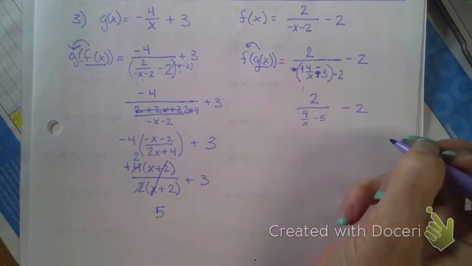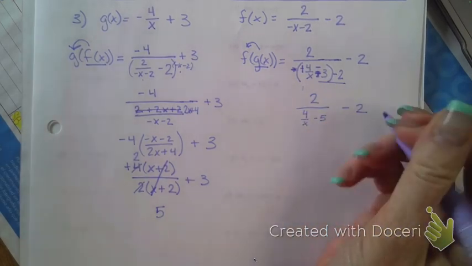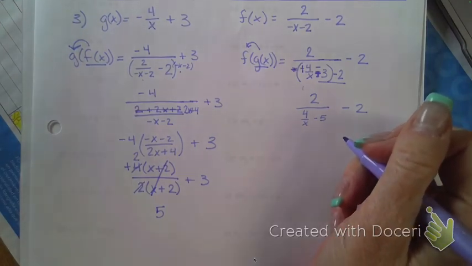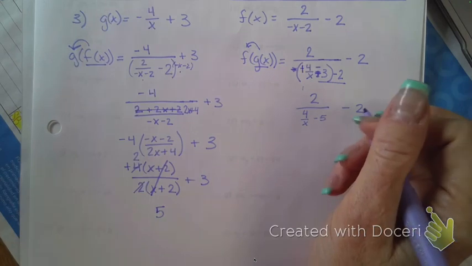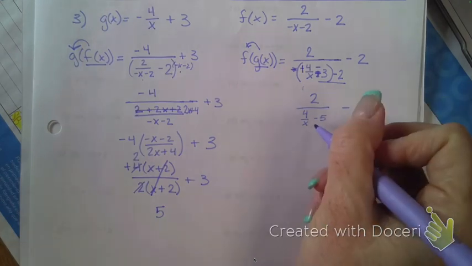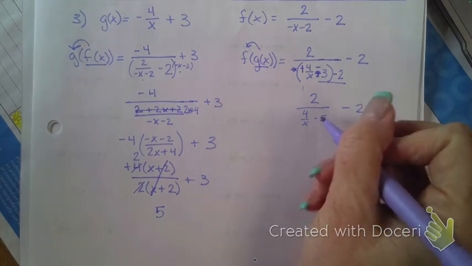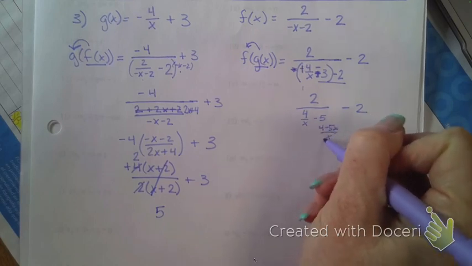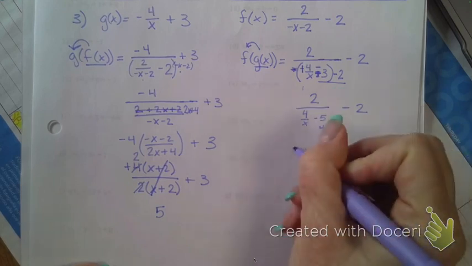I just combined these two. Then common denominator, which would be just x. So that would be 4 minus 5x over x. And then multiply by the reciprocal.